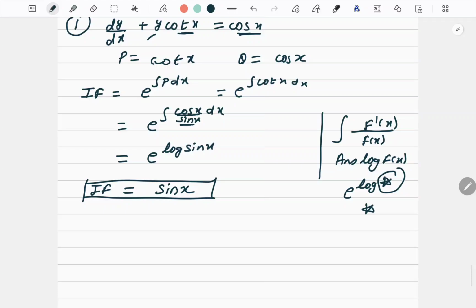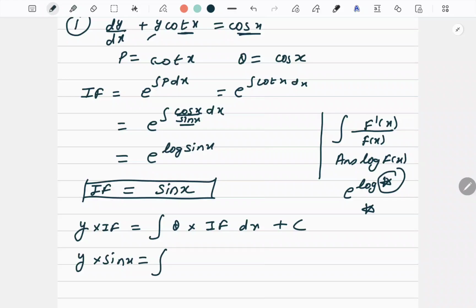Now next step. Once you get the integrating factor, what is the answer? Y into integrating factor is equal to integration of q into integrating factor dx plus c. So y into sin x is equal to integration. Q is cos x, integrating factor is sin x, dx plus c. Right?